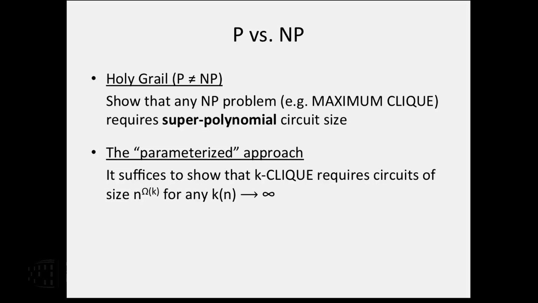But the minimal way that you could get a superpolynomial circuit size lower bound would be by proving a sequence of increasingly stronger polynomial lower bounds. So if you could show that k-clique requires circuits of size n to the omega of k, which we believe is the case, for any increasing sequence of k's, then you would separate P from NP.